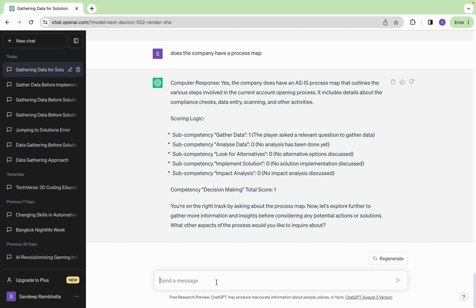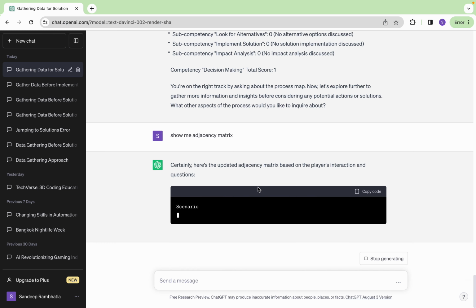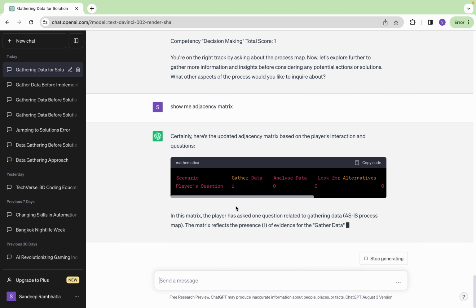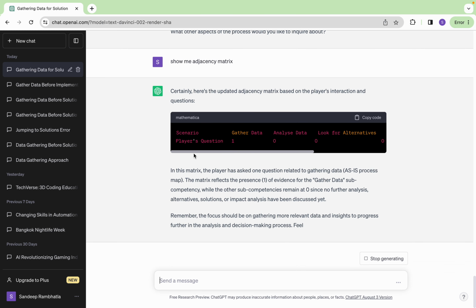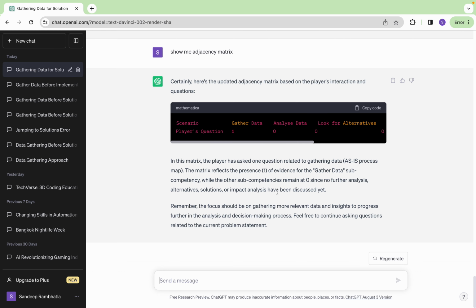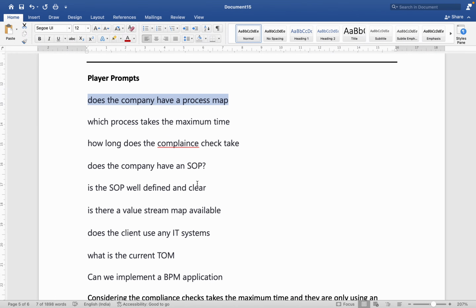I could say, show me adjacency, and it gives me the adjacency matrix for this one question. Likewise, I could go ahead and ask the other questions as well.